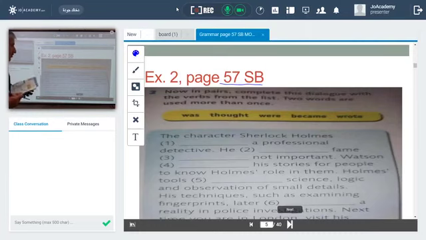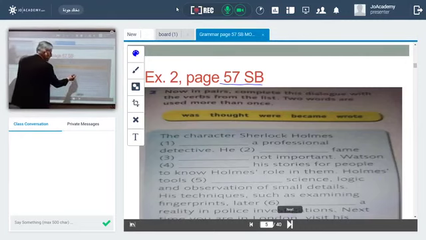So we need to look and try to understand the sentence, then we need to fill the blank with the right verb. So please read it, go through this exercise, and try to guess the meaning of the sentence. You need to know the meaning so you can put the verb. Let's read the first one. The character Sherlock Holmes.